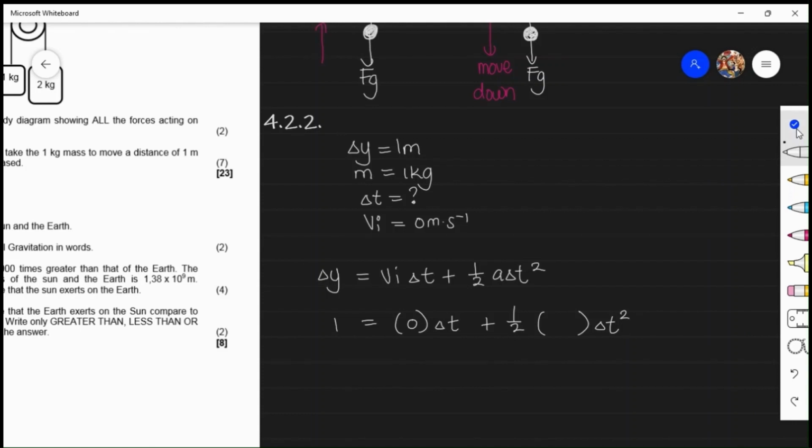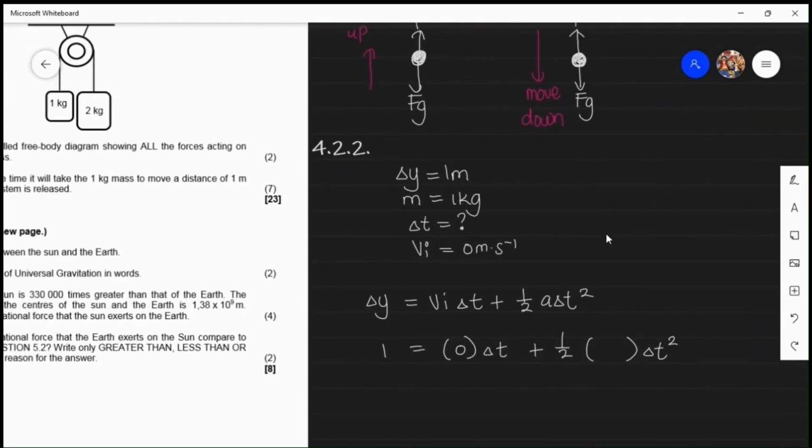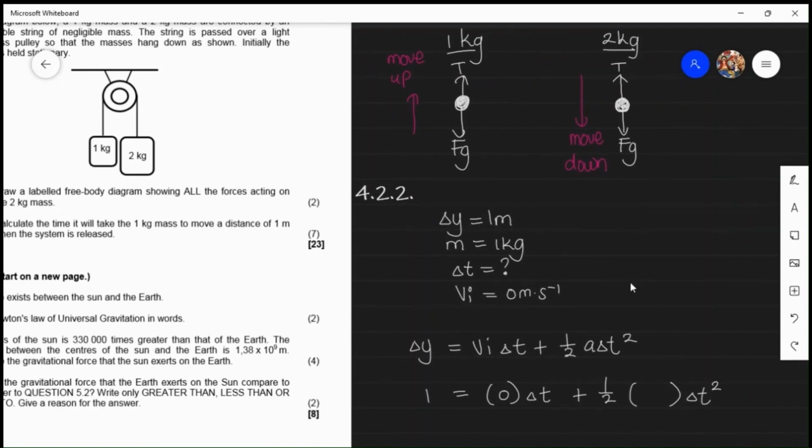Something important to take note of is that we have mass and we know gravitational acceleration because it is a constant. So it is possible for us to find acceleration using simultaneous equations of both our objects, which is something we previously did in question 4.1.3.